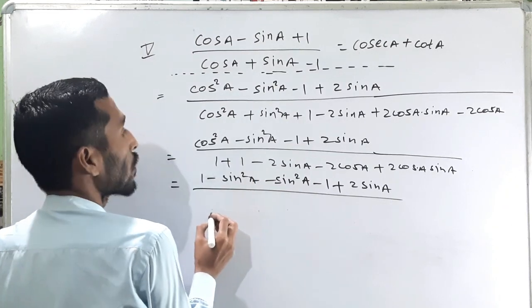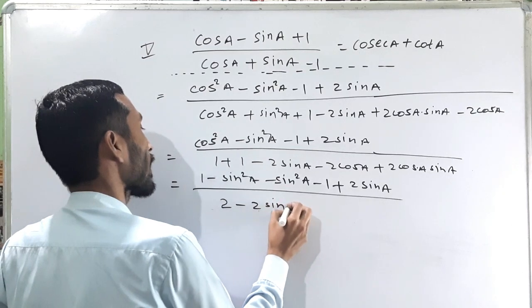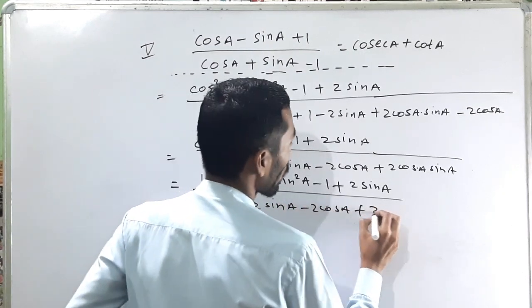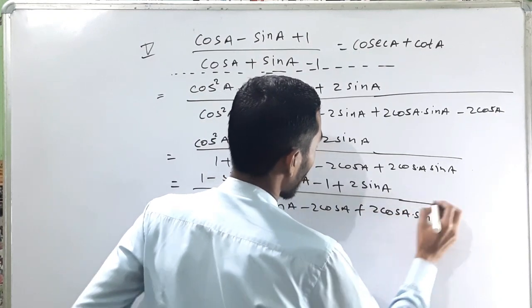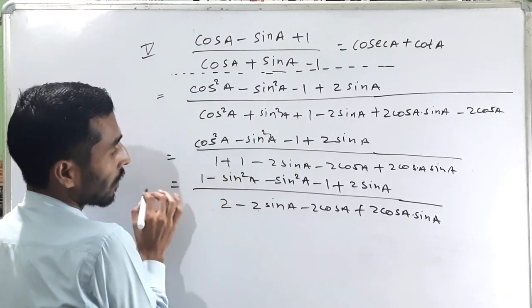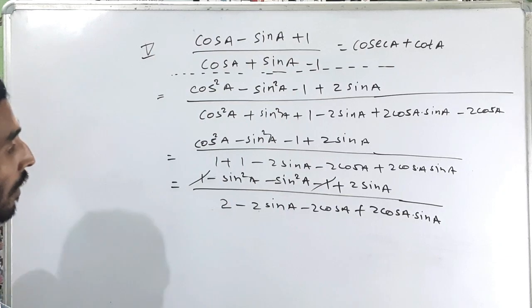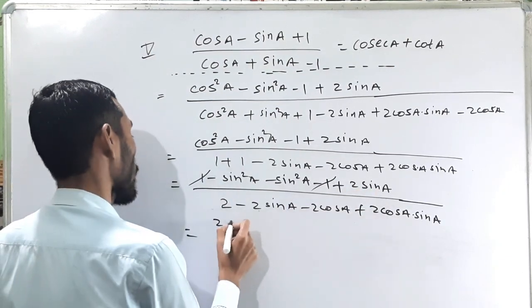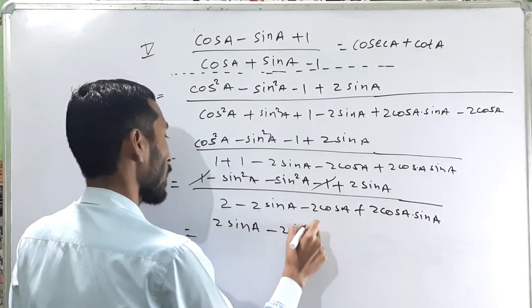1 plus 1 is 2, 2 minus 2 sin a, 2 cos a plus 2 cos a into sin a. We can cancel out 1 minus 1, and we can write 2 sin a minus 2 sin square a.